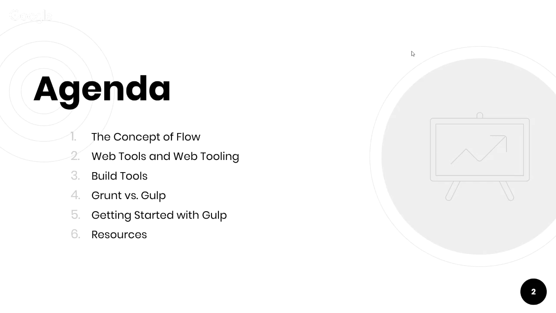So if we have a development process that simply flows from one task to another, this will make our lives much easier and our coding much more fun and productive.